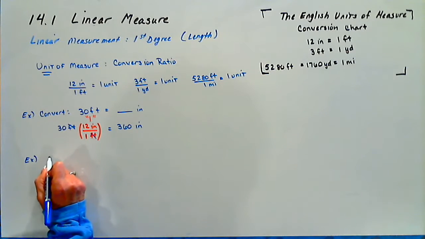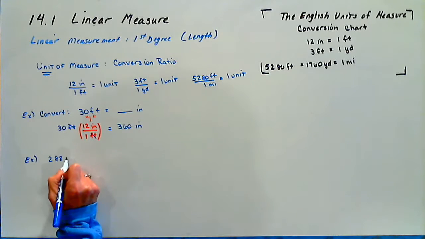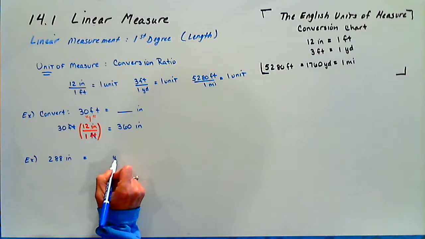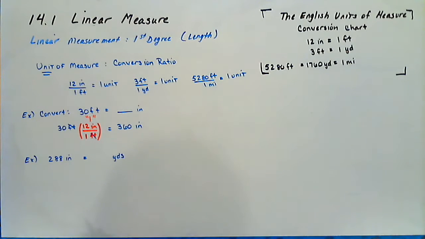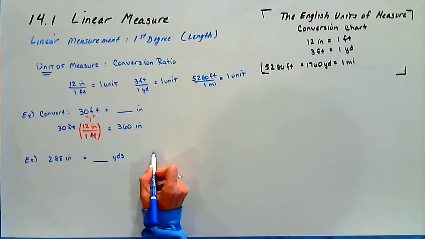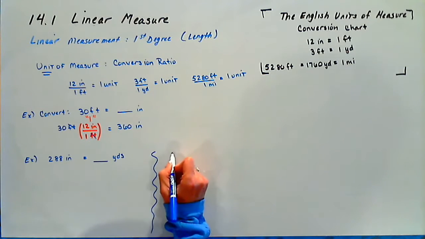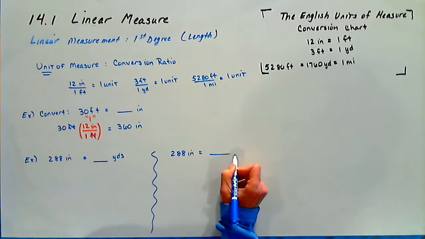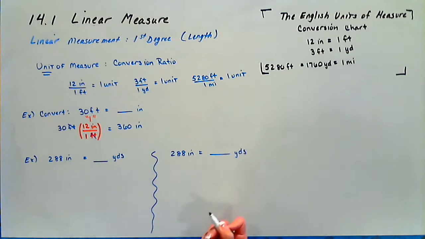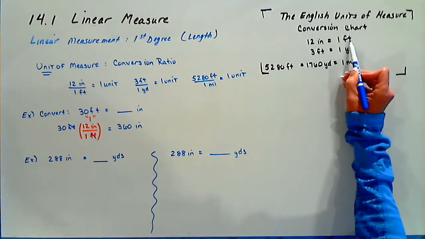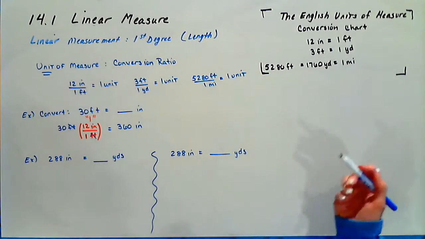Let's say I give you 288 inches, and I would like to know how many yards this is. Well, I'm going to do this problem two different ways. I'm going to set it up both ways, because I could go from inches to feet, feet to yards.